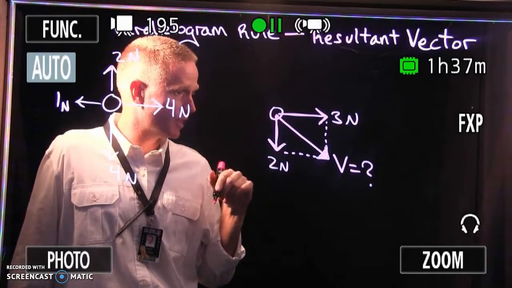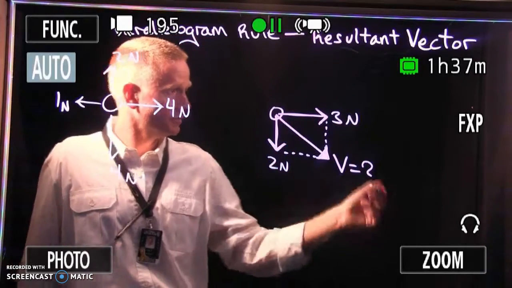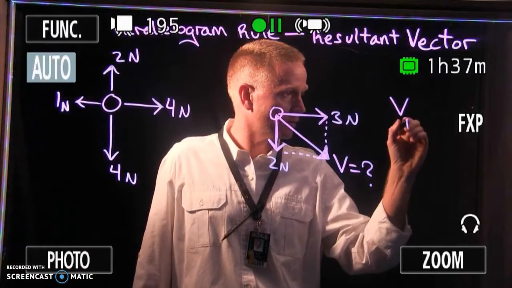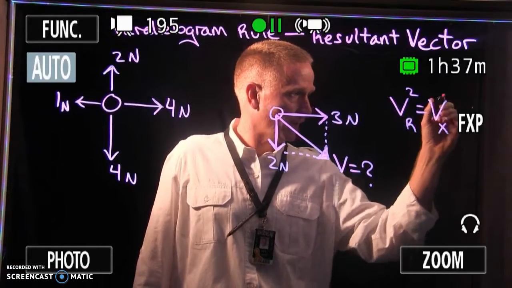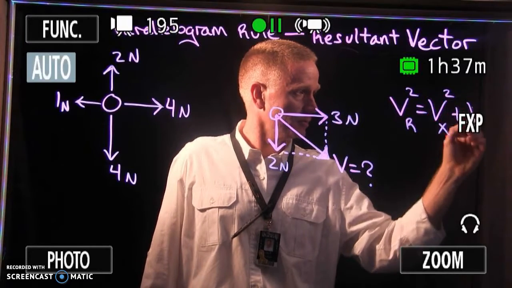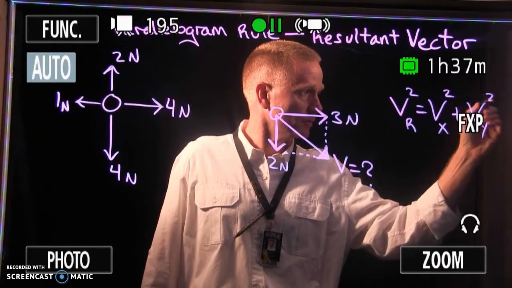in combination with the Pythagorean theorem, because you'll always find out that the resultant vector squared is equal to the x vector length squared plus the y vector squared.